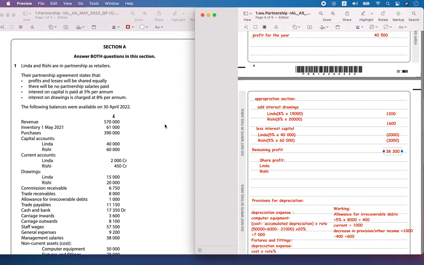This has to be shared in the ratio of equal, so they are giving 50% of 38,300 to each. It is shared between the two, so it is 19,150 each.